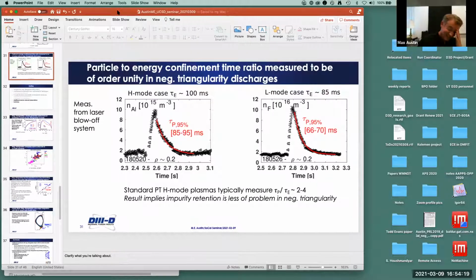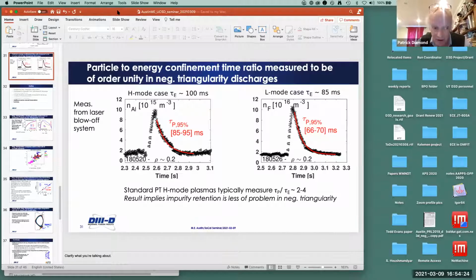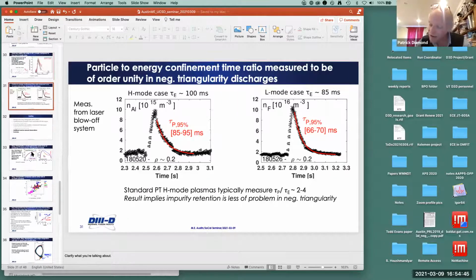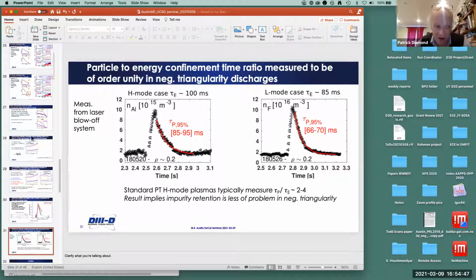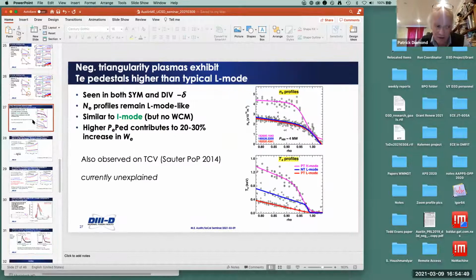Because you tend to associate particle transport with trapped electron modes, right? So what's going on there? And in particular, a more general question: it seems you get an I mode without the so-called weakly coherent mode, whatever that is. That's another interesting discussion. And what can you say about the structure of the edge turbulence?